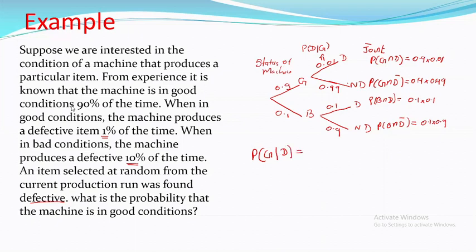They ask the conditional probability. So according to the definition of conditional probability, this can be calculated as the probability of G intersection D divided by the probability of D.